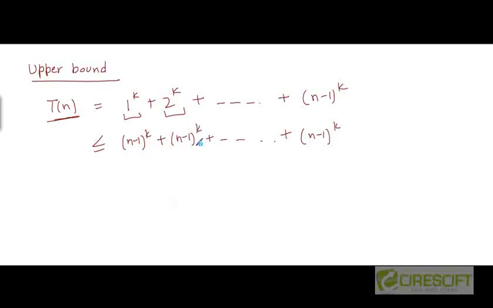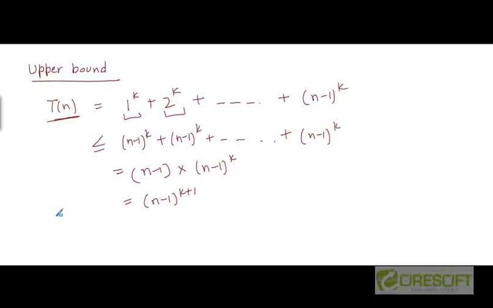So if every term had been n minus 1 to the power k, then T of n would have been less than or equal to the resulting series, which would evaluate to, because there are n minus 1 terms, n minus 1 times n minus 1 to the power k, which is n minus 1 to the power k plus 1.